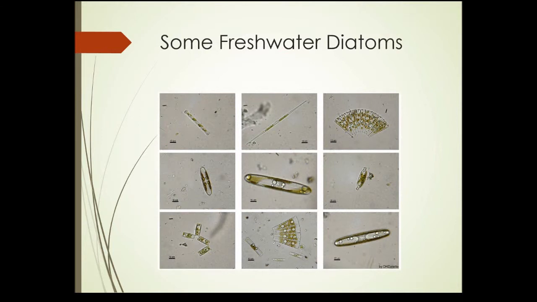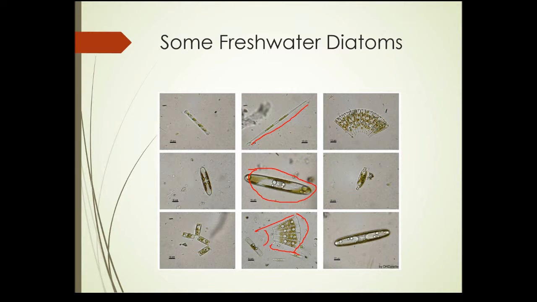If you look at these photomicrographs, you can see large differences in shapes, from the long rod-like to these more rounded ends, this fan shape, a number of different shapes and sizes.